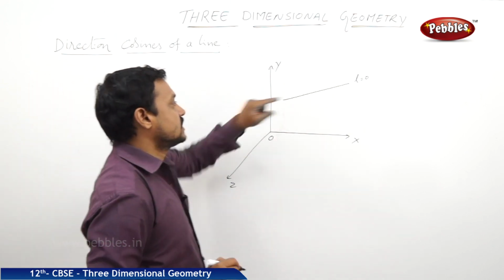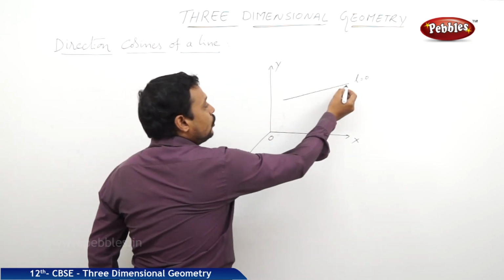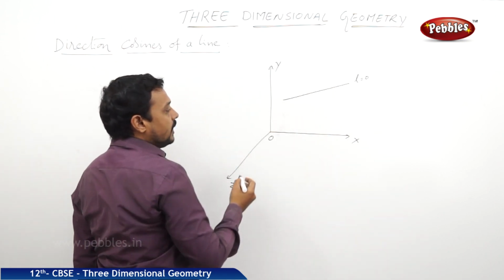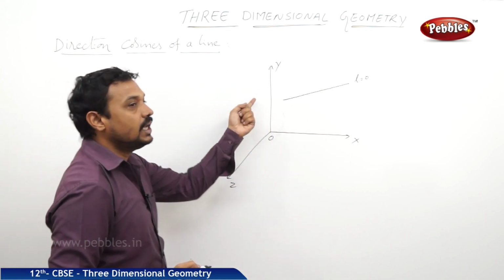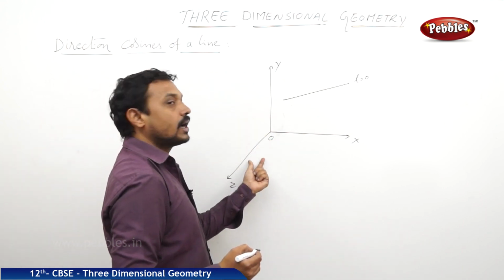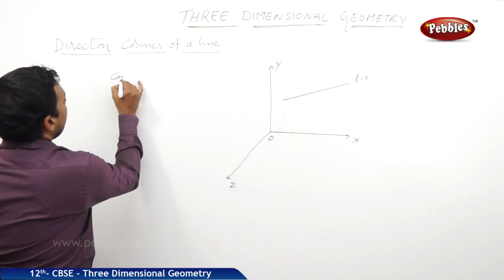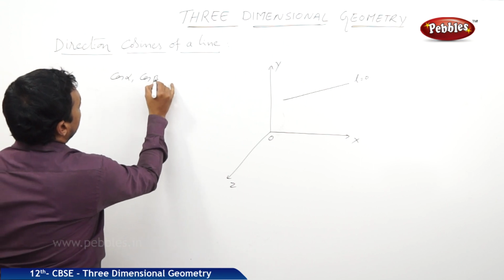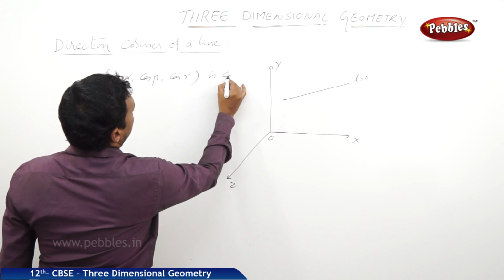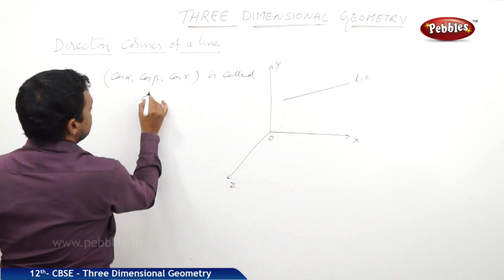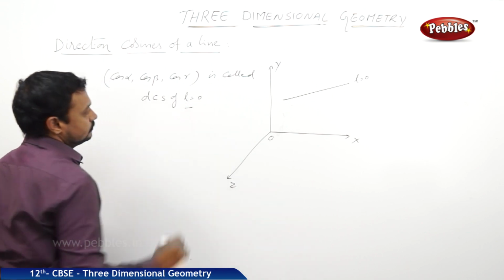Direction cosines of this line L equal to 0: suppose the line L makes an angle alpha with the x-axis, beta with the y-axis and gamma with the z-axis, then cos alpha, cos beta, cos gamma are called direction cosines, simply DCs, of the line L equal to 0.